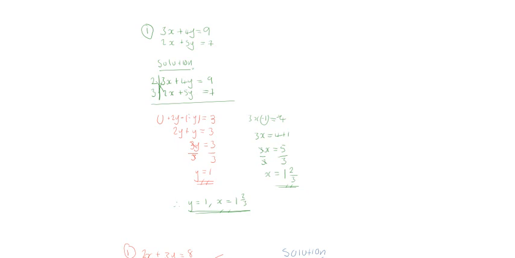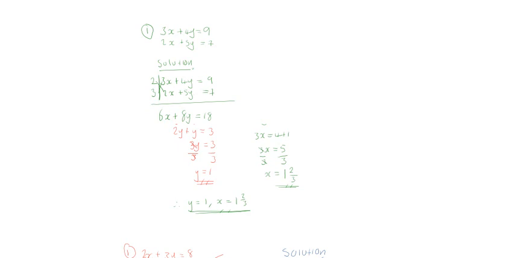Okay, so if I multiply by 2 throughout, what is 2 times 3x? It will give us 6x, plus 2 times 4y will give us 8y. Yes, 2 times 9 will give us 18. I'm trying to solve this question very fast because I know you guys are dozing.